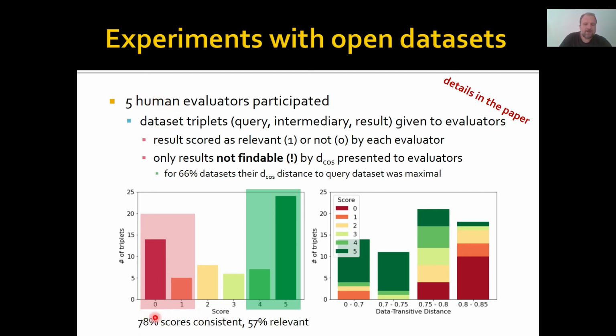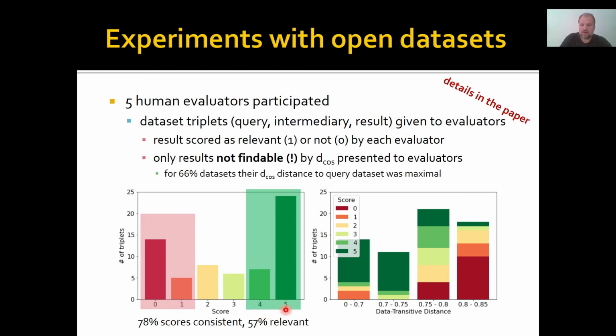So 78% of scores either scored a result as non-relevant or relevant. So a score of 5 means the triplet got 5 ones, so it's a totally relevant result to the query. Or the result was completely irrelevant and got 0. And there also were 1 and 4, which is mostly non-relevant or mostly relevant. So 78% of these scores were distributed among all of these triplets. So it was highly consistent.